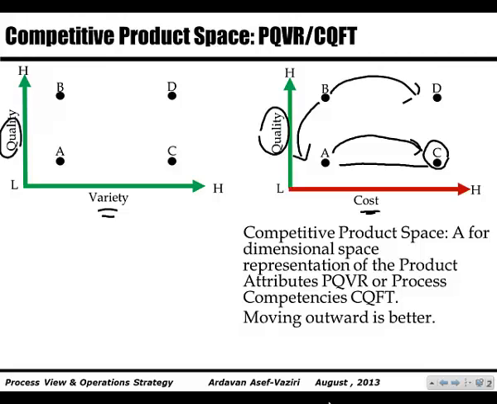In this graph, you see in this dimension, in quality dimension, as I go outward, I get better, but in the horizontal direction, this direction towards origin is better. In order to make my graphs consistent, instead of cost, I will use cost efficiency, which is 1 divided by cost.